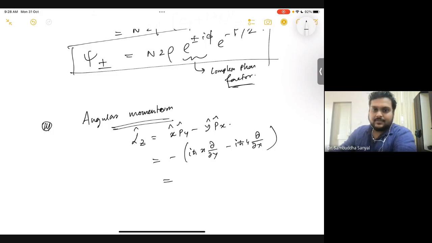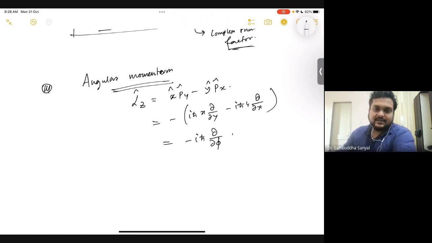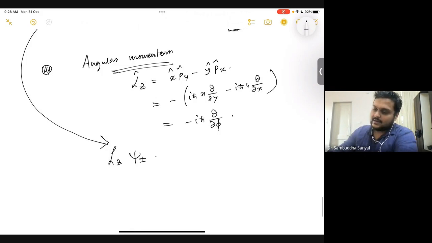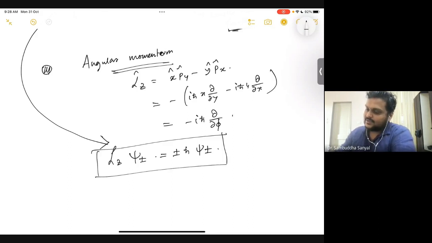Again, I can go to the polar coordinate and it looks like this. Now convince yourself, take this wave function, which I just wrote down here, and show that Lz acting on it gives plus minus h bar times the wave function, which means this wave function is an eigenfunction of Lz. This is not surprising. Why?